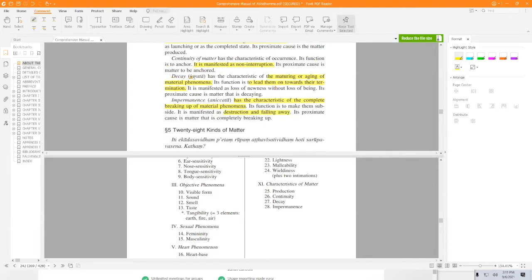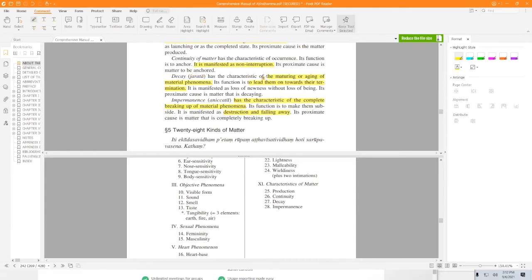Okay, then decay has the characteristic of the maturing or aging of the material phenomena. So we could see this most clearly in the case of human existence, with the graying of the hair or the balding of the skull, the wrinkling of the skin, the falling out of the teeth, the loss of one's strength, and so on.